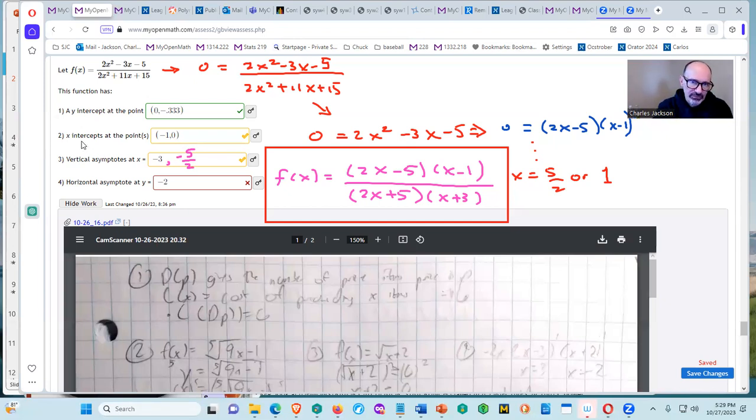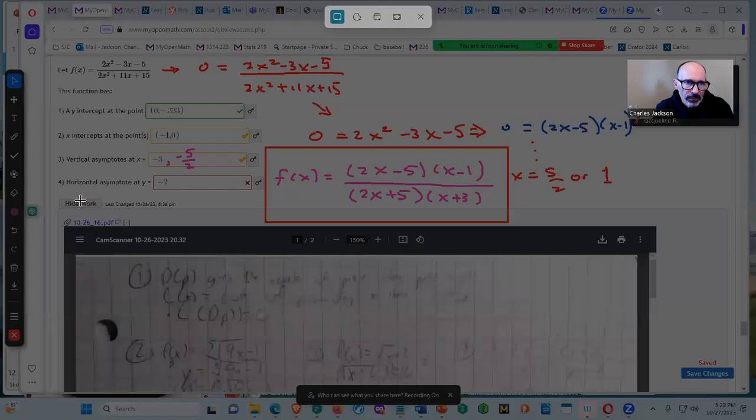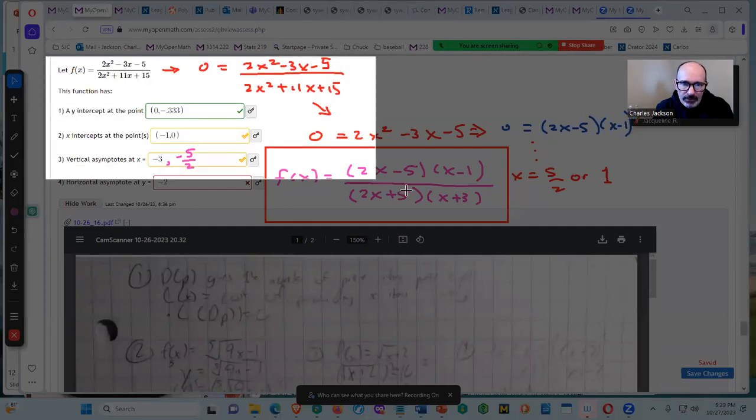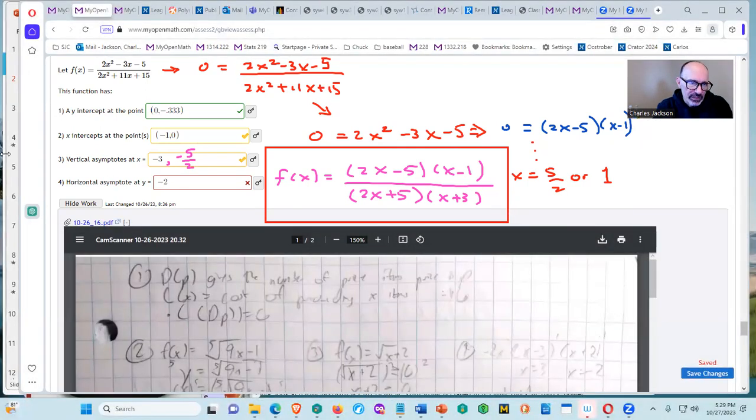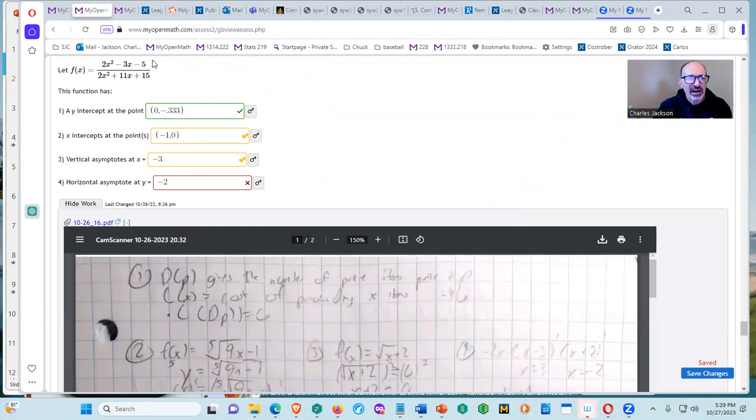Horizontal asymptote. Now this is a problem that can be done mentally. And basically what you note on this is that the degree of the top is 2, which is this 2 right here in the exponent.